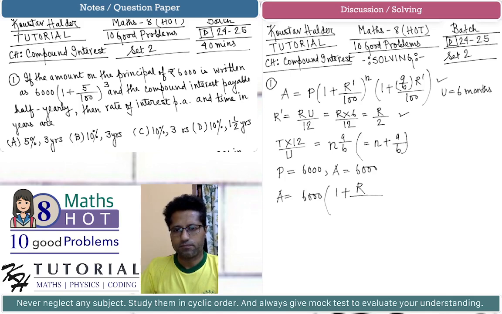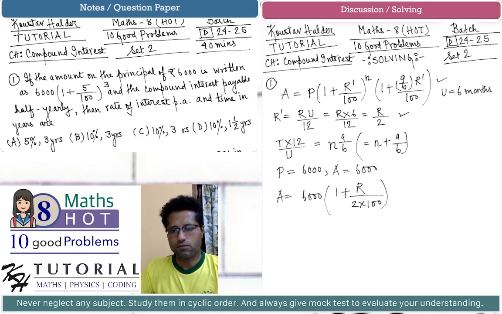So the amount will be as per the principal given, that is 6000, and r dash will be r by 2.